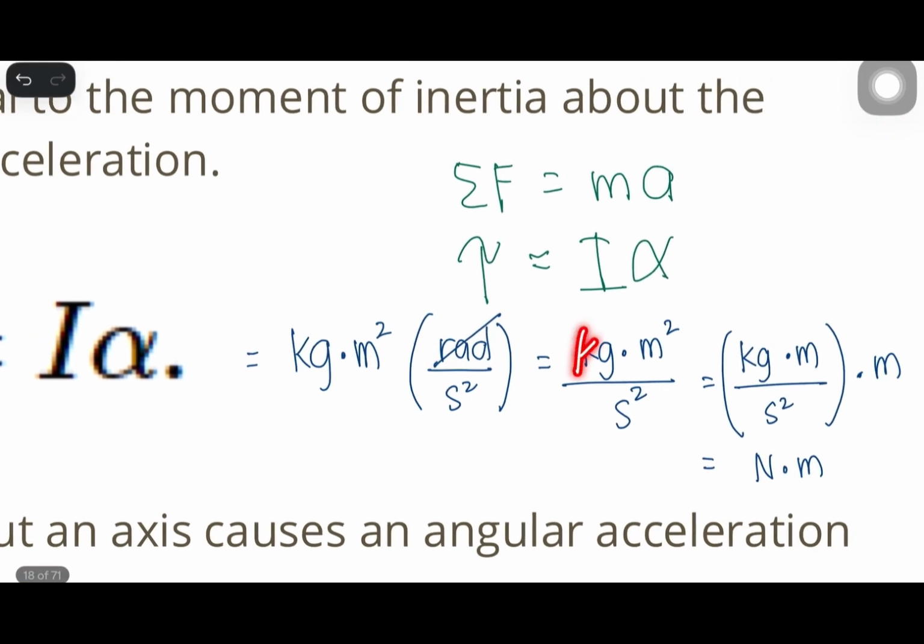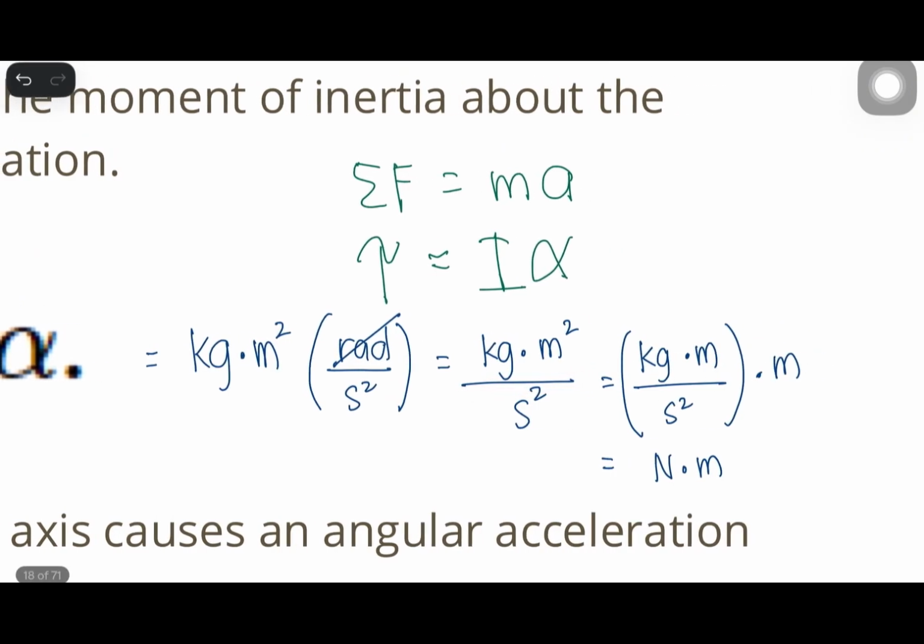Then we get kilogram meter squared per second squared. Factoring this quantity, kilogram meter per second squared, this unit is also equivalent to Newton. Therefore, the unit for torque is Newton meter.